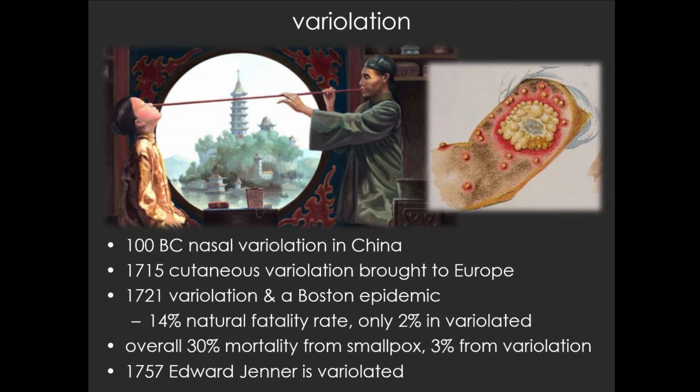But in those that had been variolated, only 2% of people died. And very importantly, for reasons you will see in just a moment, in 1757, a young boy named Edward Jenner was variolated to protect him from smallpox.